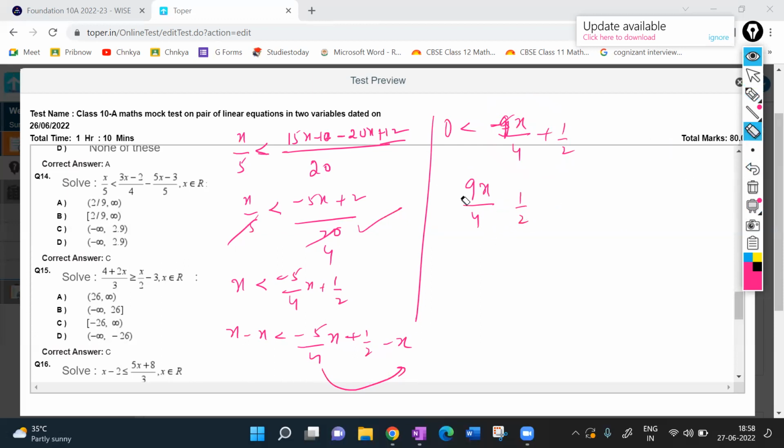Or else do one thing, let us take minus common here: minus of 9x by 4 minus 1 by 2 greater than 0, right? When I multiply with minus on both sides, the inequality changes, so it becomes less than 0. Am I correct? Now you can do a simple thing. I'll tell you a simple story here.